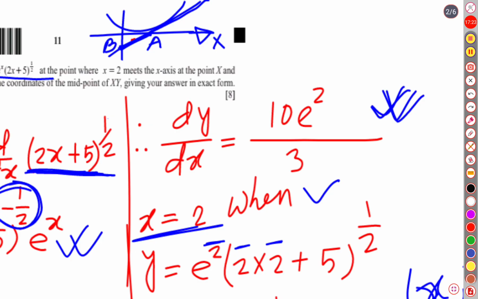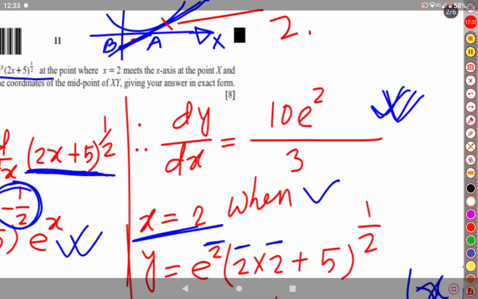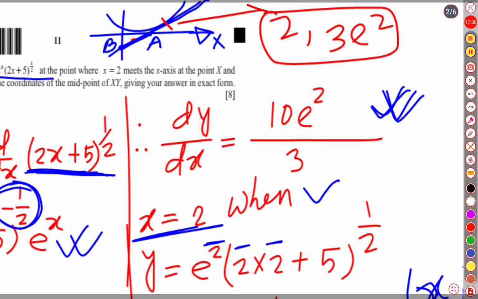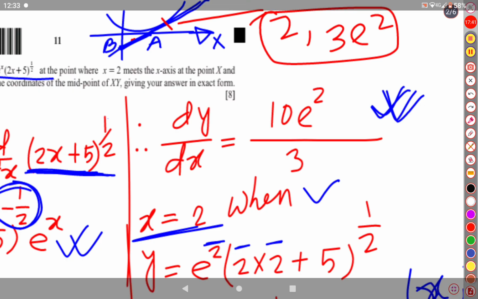Suppose we are talking about this point. At this point x equals 2, y is equal to 3e². Yes, this is the coordinate of this point.